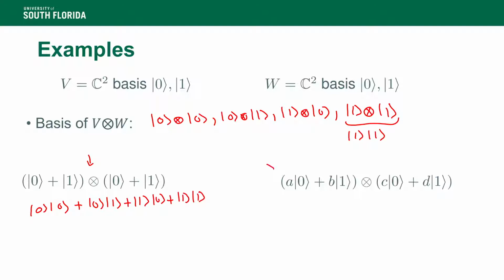And in general, if you have A, B, C, and D complex numbers, that's exactly what gives you the big formula that we had in the previous slide: AC 0,0 plus AD 0,1 plus BC 1,0 plus BD 1,1.